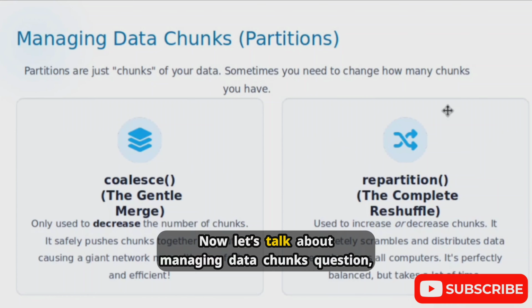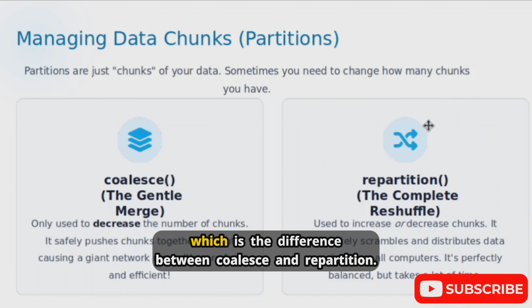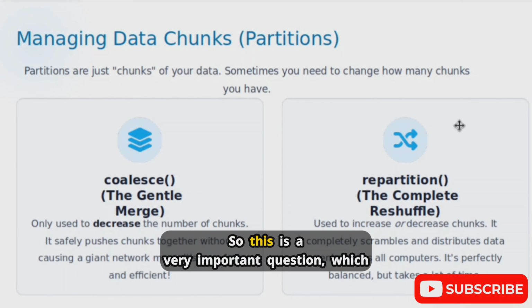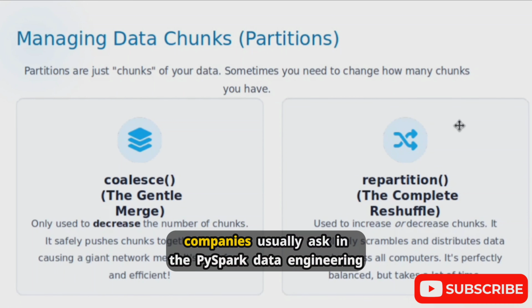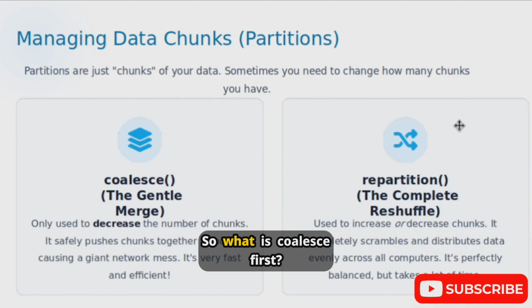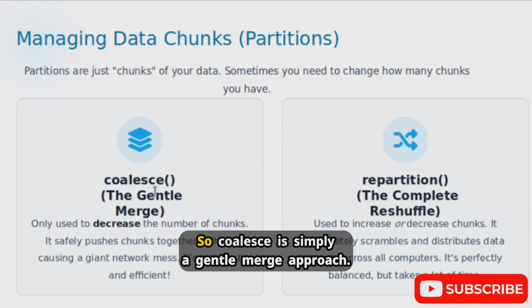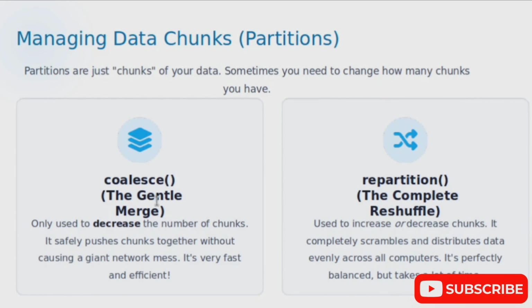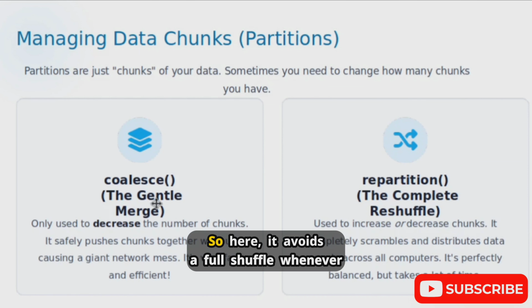Okay, now let's talk about managing data chunks, which is the difference between coalesce and repartition. This is a very important question which companies usually ask in PySpark data engineering interviews. Okay, so what is coalesce first? Coalesce is simply a gentle merge approach. It takes existing partitions and simply merges them together to create fewer partitions.